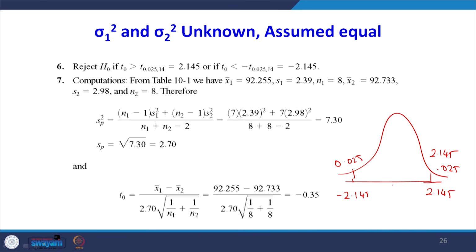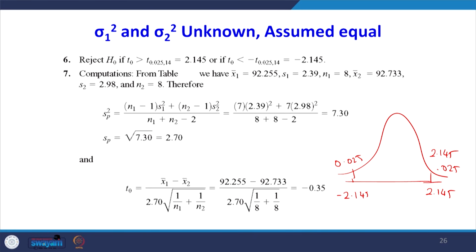From the previous slide, the mean of sample 1 is 92.255 and the standard deviation of sample 1 is 2.39 for n1 equal to 8. Similarly, for sample 2, the sample mean is 92.733, standard deviation is 2.98 and n2 is 8.